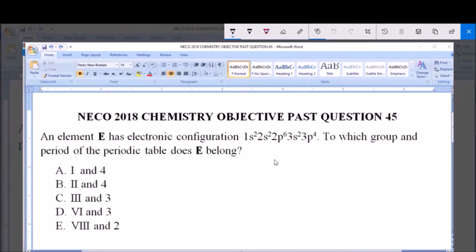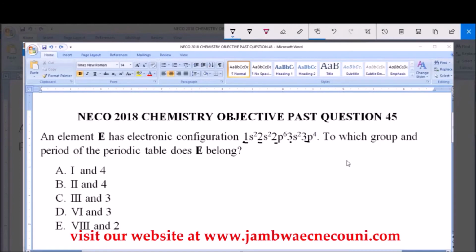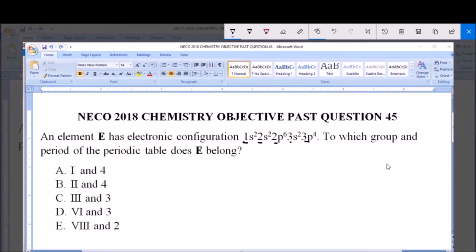Now, like we know, the 1, 2, 3 here represents the energy level of this element, that is, the shell of this element. And the outermost shell of the element represents the period of this element.